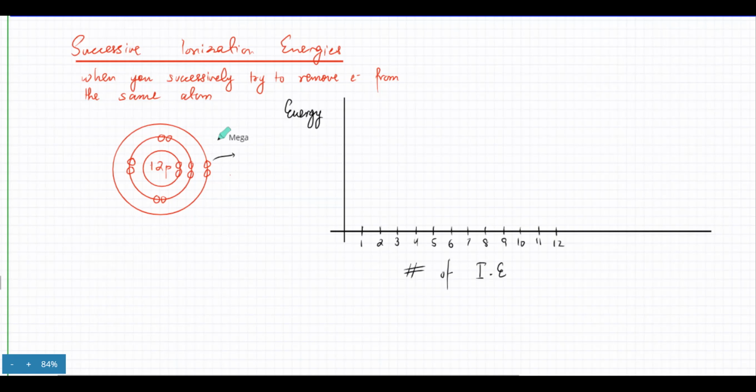So removing the first electron is very easy, and it's going to have a very, very low ionization energy value. We've removed the first electron, that's gone. Now, once I've removed the first electron, the overall charge on magnesium becomes +1.